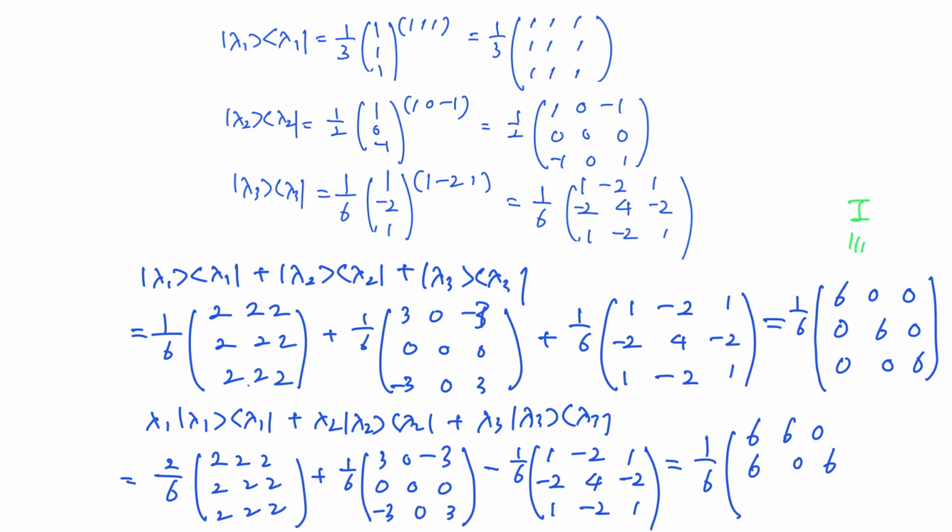How about the third row? It's a very nice thing. 4 minus 3 minus 1 is 0. The second element: 4 plus 2 is 6. The last one is 6 as well.